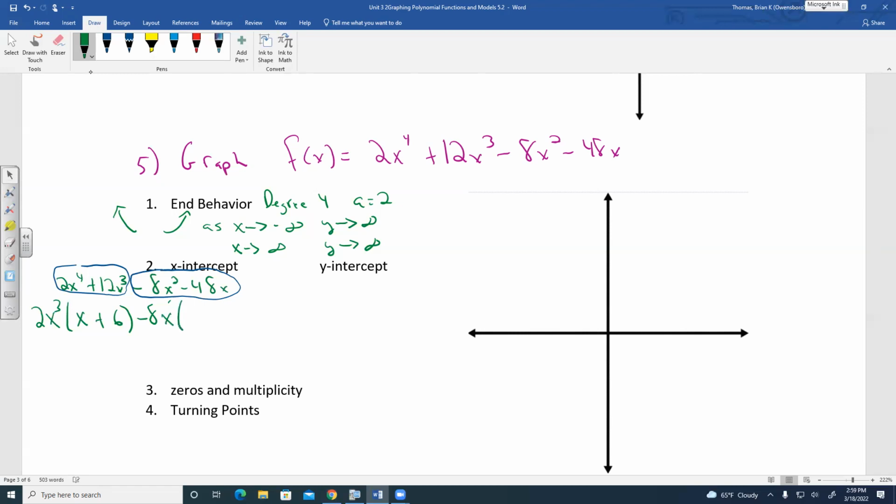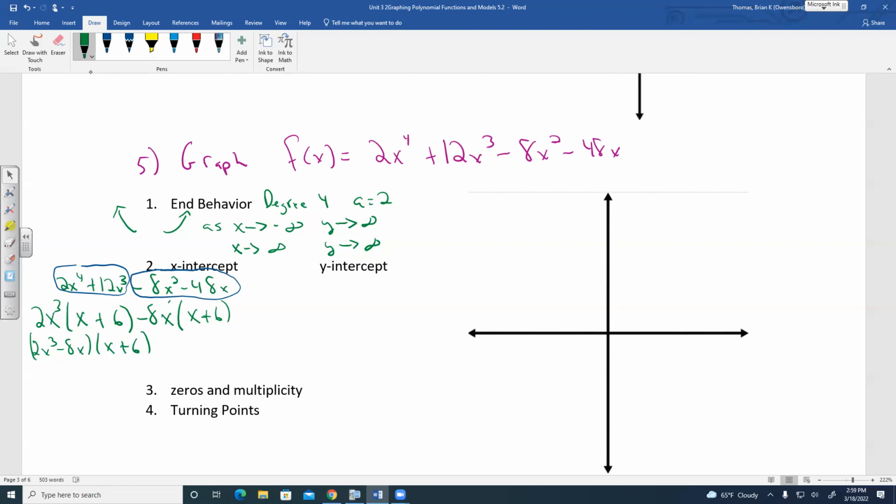And then we have x, and actually the sign changes to a plus 6. So now what I have is 2x cubed minus 8x times this x plus 6, since that x plus 6 is in common.